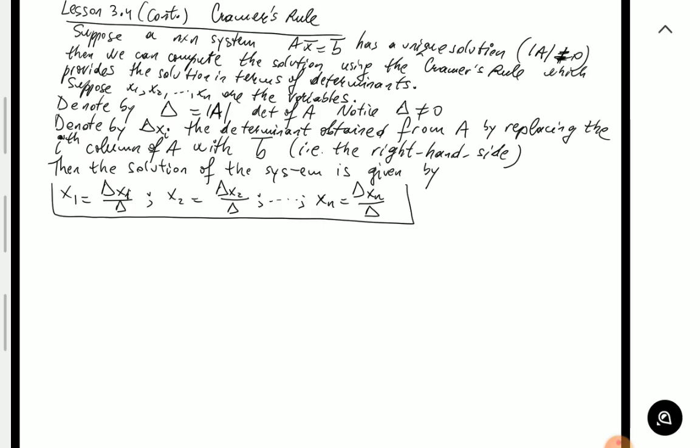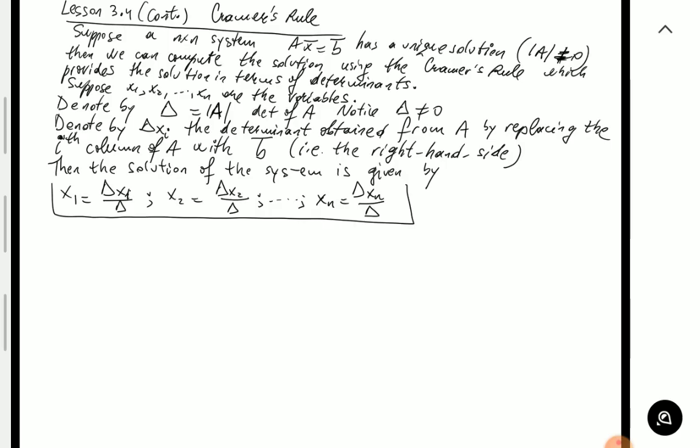Each solution is obtained by the ratio of two determinants. The one on the top is the determinant of the matrix by replacing the ith column with the right hand side column, and on the bottom is the determinant of A, which notice you can divide by because it'll be not equal to 0 if the system has a unique solution. So let's illustrate this with two examples, because this is one of those problems in which looking at the example makes it much clearer.